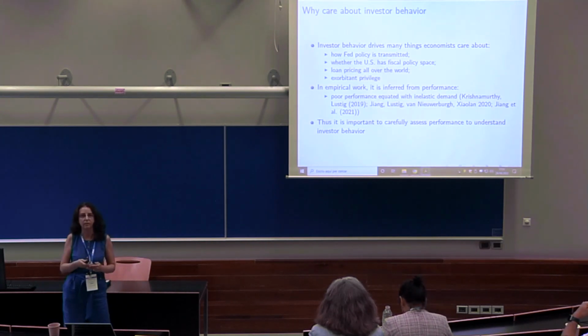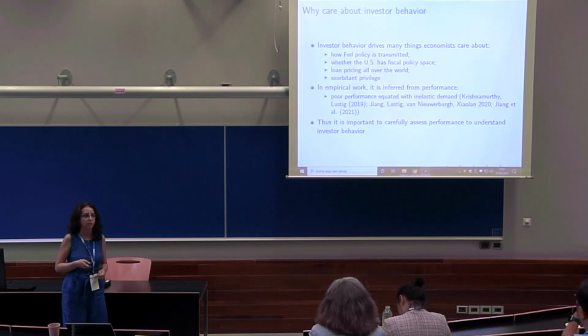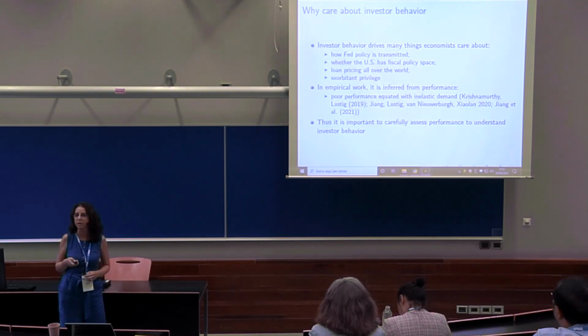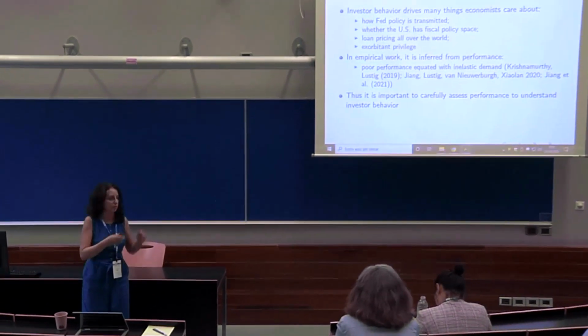So this inference is made directly. What we do here is also infer investor demand from performance, but we'll do it with the most accurate data there is, and we'll do it carefully.